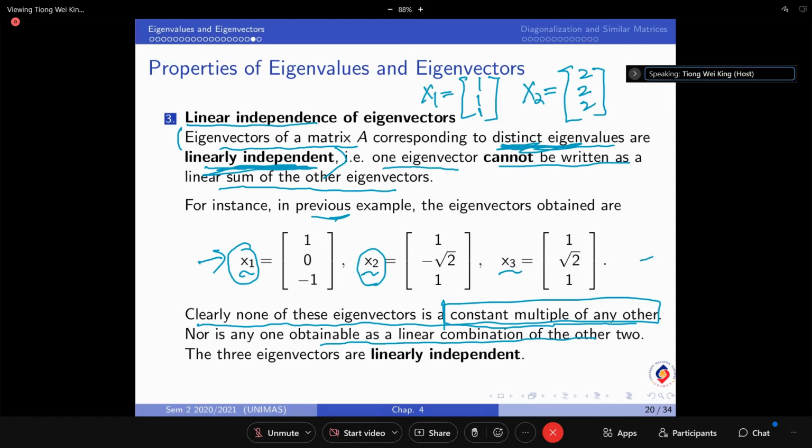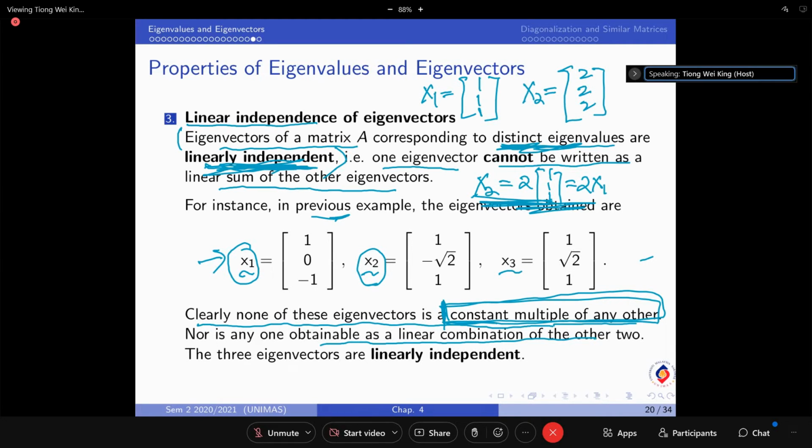From here you can know straight away that x2 is actually 2 times 1, 1, 1. This is 2 times x1, so this is a constant multiple of the other. If you have this case, then this is not linearly independent. That's the first case.